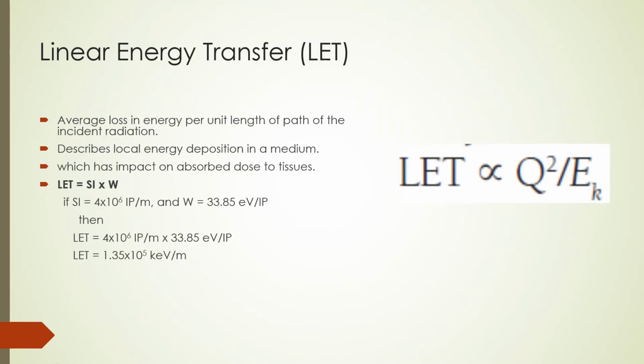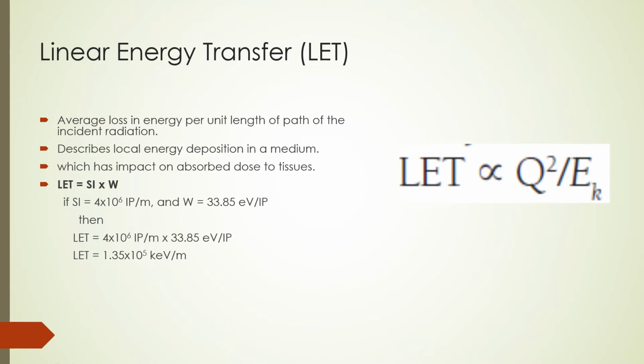Linear energy transfer is a measure of the average amount of energy deposited locally in an absorber per unit path length. It is a description of local energy deposition in a medium and has an impact on absorbed dose to tissues. Linear energy transfer is equal to specific ionization multiplied by the W energy, which is the energy needed to form an ion pair in air.